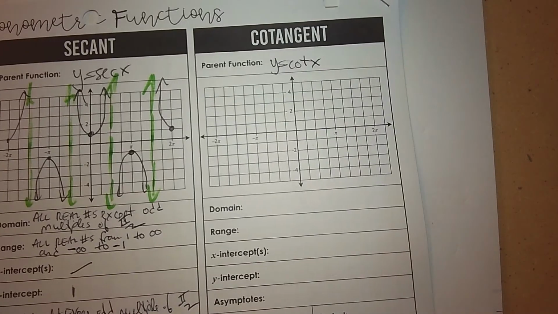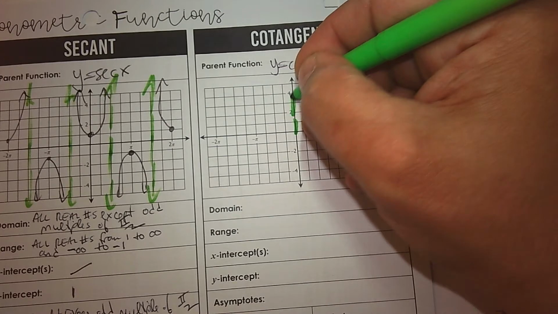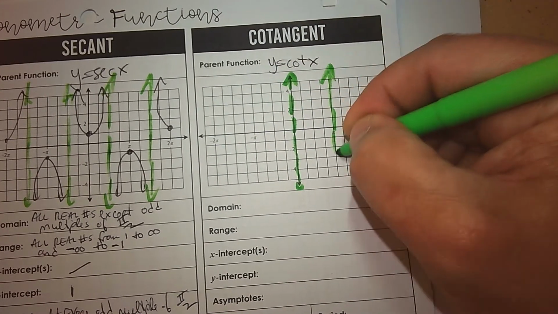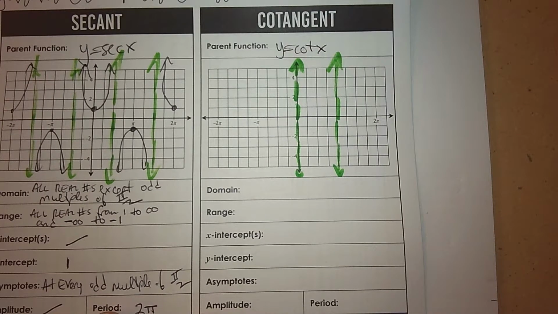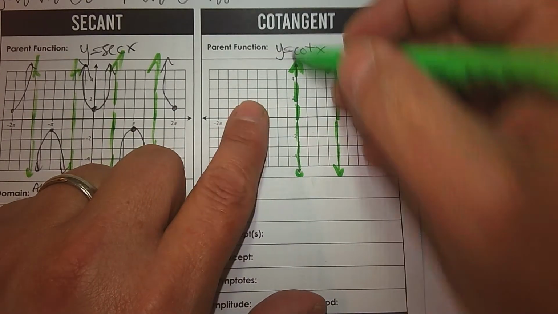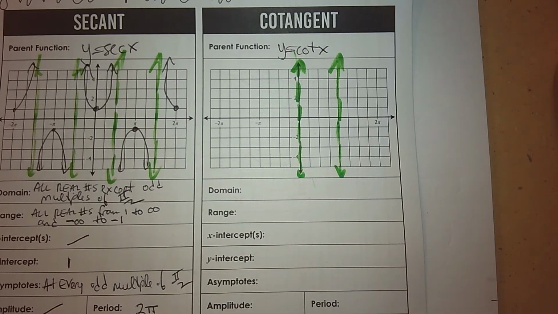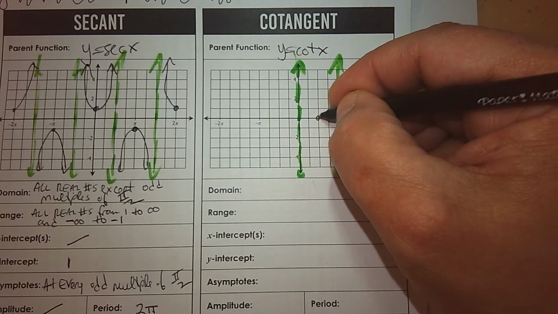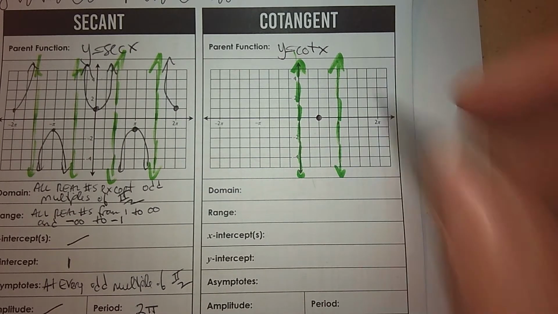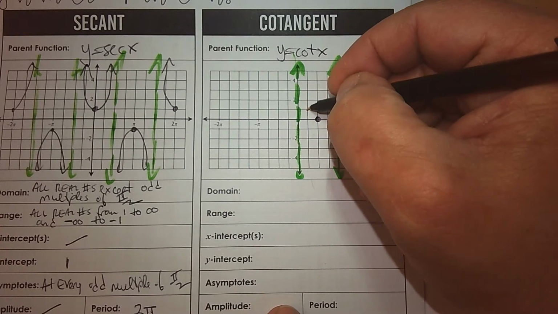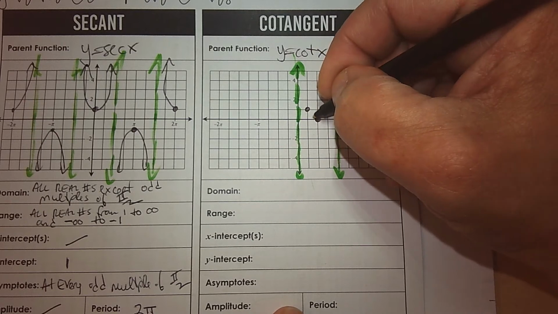So cotangent starts with an asymptote. And it takes only pi to complete a cycle. For 0 to pi, that's it. 2 asymptotes. That's 1 cycle. In the middle is going to be a point of inflection. The first asymptote to the point of inflection, we go to positive 1, and it curves up through positive 1.